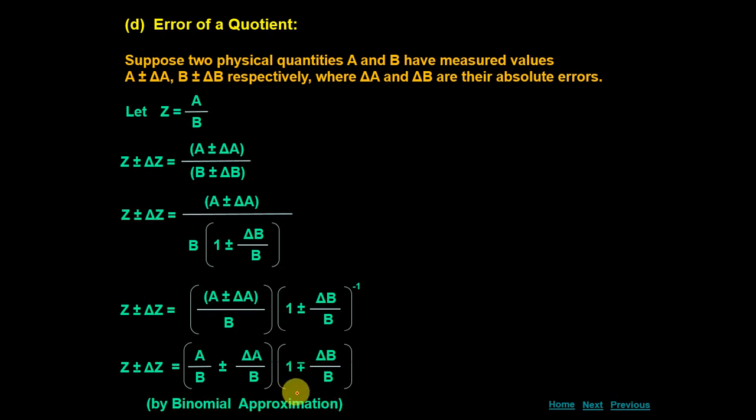So here what we have done is used the binomial approximation, as we know that if I have a number of this type, 1 plus x raised to power n, and x is very small, then generally in physics we use this approximation.